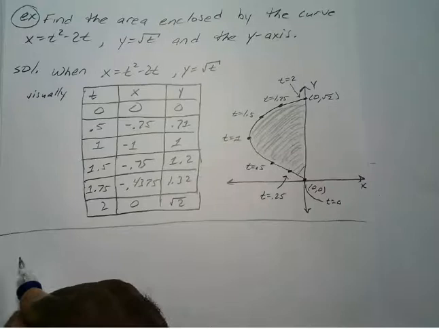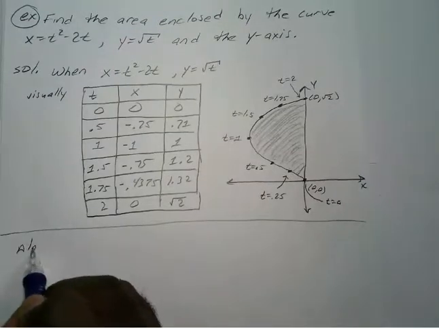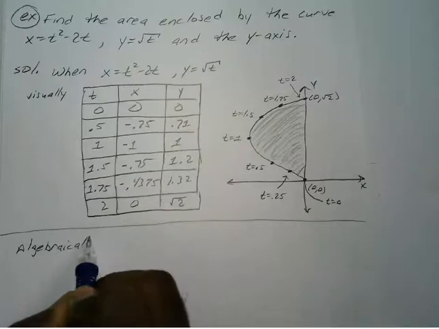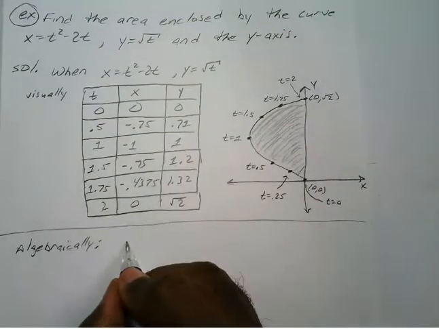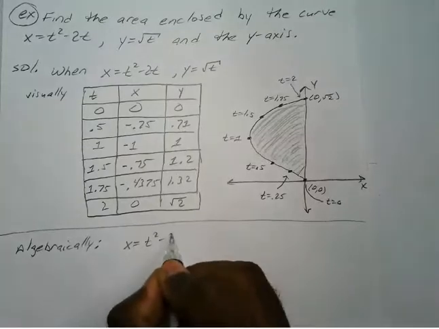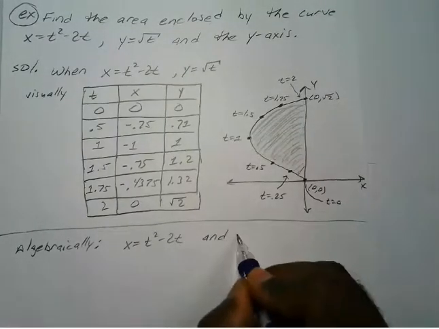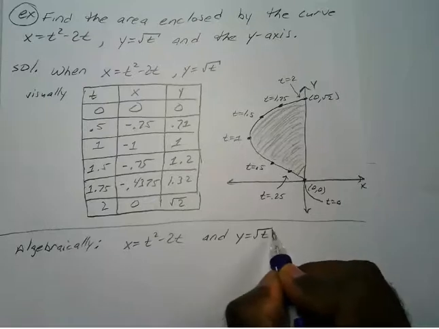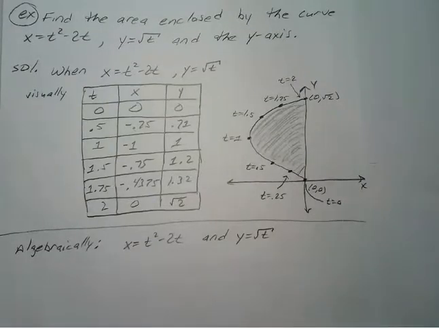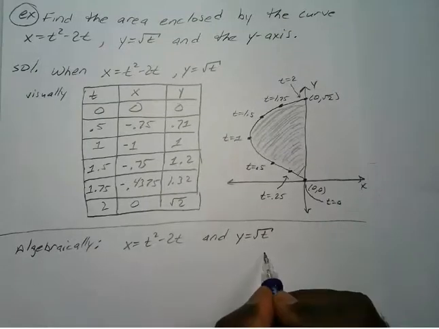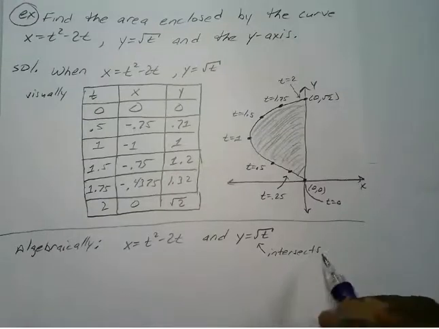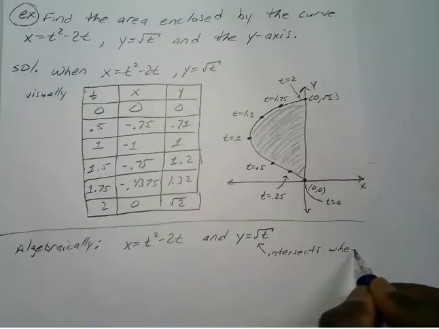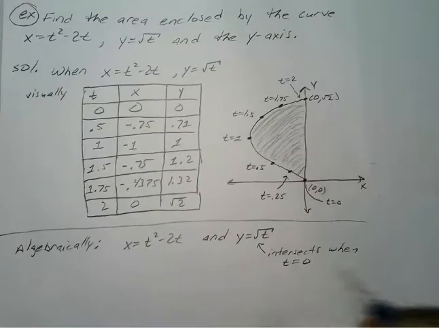Okay, so if we decide to look at it algebraically, we can see that x equals t squared minus 2t and y equals square root of t. Y intersects when t is equal to 0.